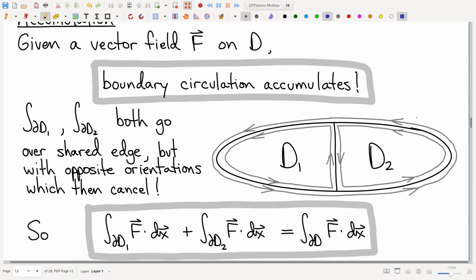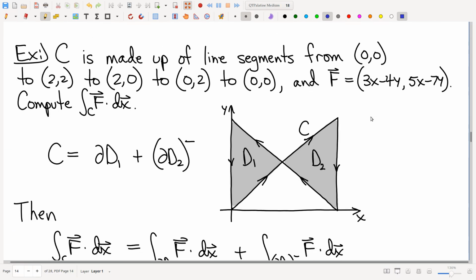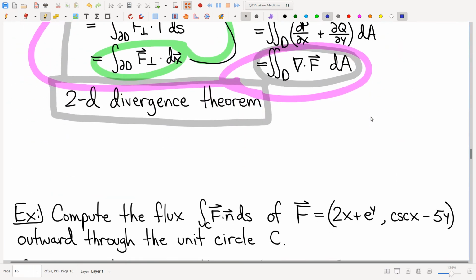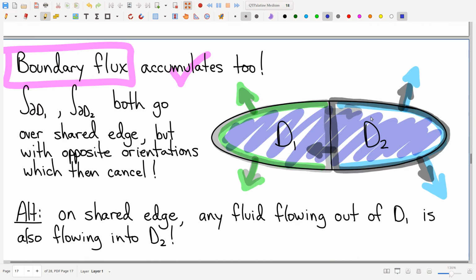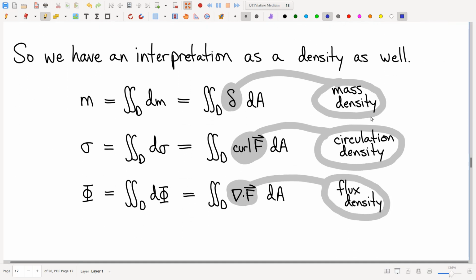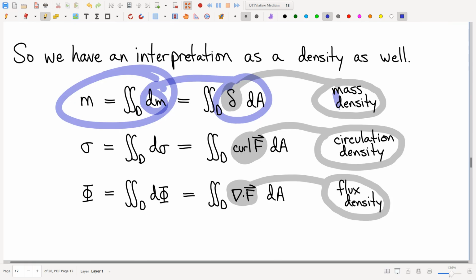But really analogous. Very cool little observation there. And by the way, that observation is going to keep showing up again and again. Whenever you have an accumulating quantity, you can do this same thing. So mass accumulates, the whole is the sum of the parts, and we can talk about the associated density.